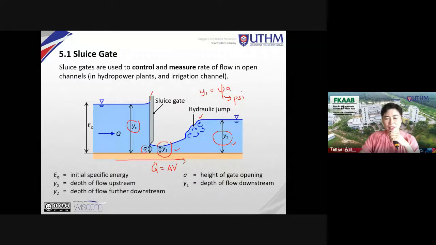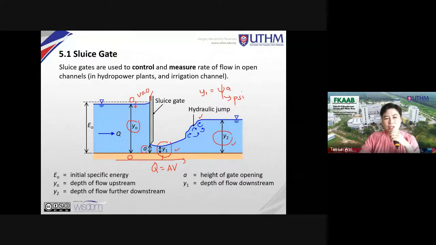If you go back here, this is the location of 0. And then this is location 1. Comparing both sides, at this location the velocity goes down very small, almost 0.